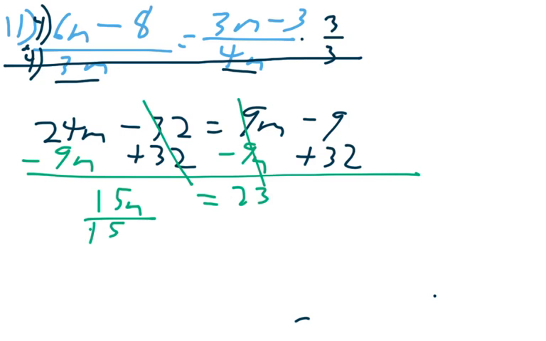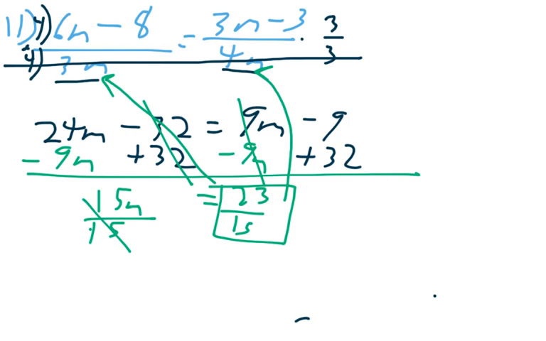Divide both sides by 15, and my answer is 23 over 15. When I check this answer in the denominator, if I multiply it in here or multiply it in here, neither denominator will be equal to 0, so 23 over 15 is a good answer, and your only answer.